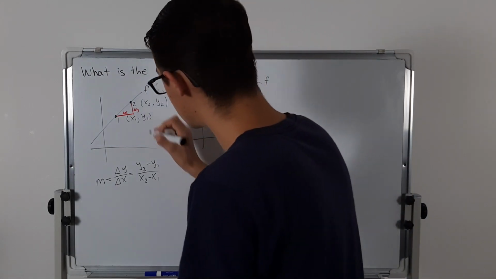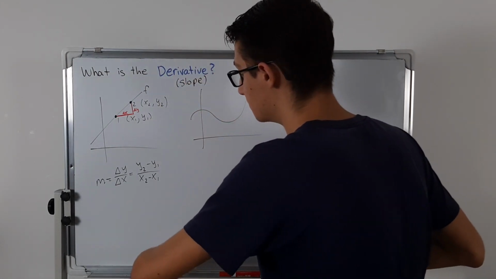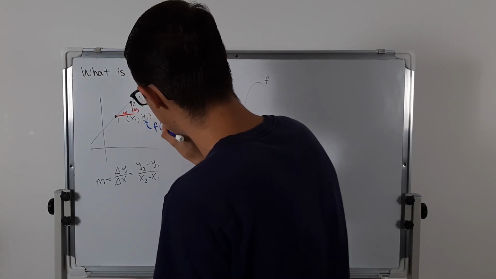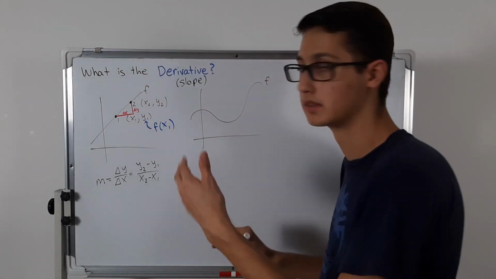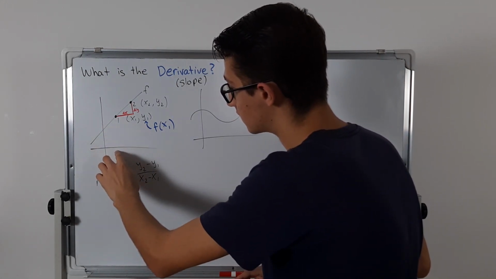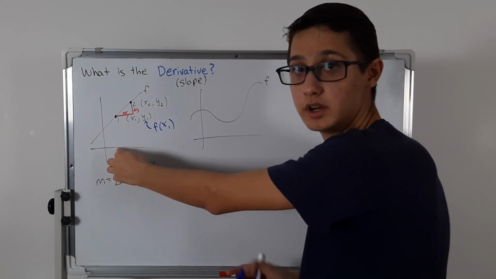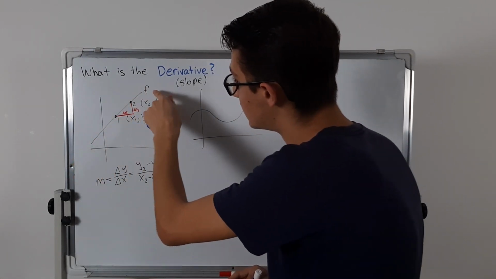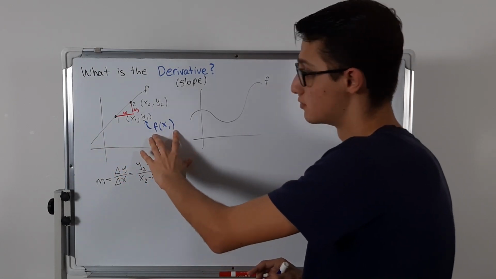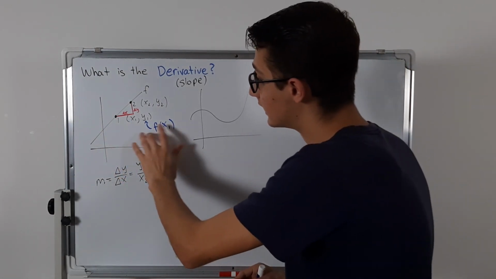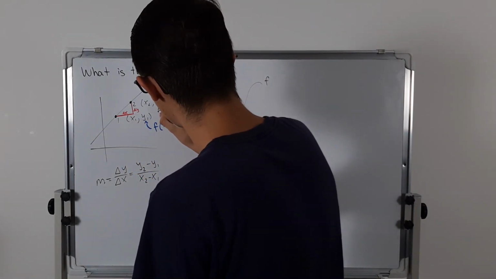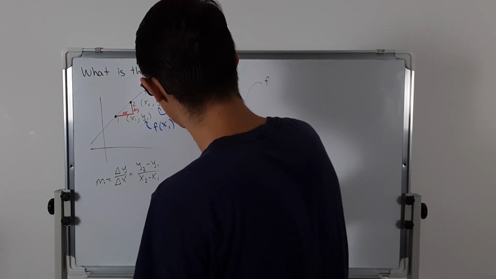So we can think of y1 as f of x1. The way to think about that is you have your x coordinate, maybe that's like 1 or something, and then you evaluate that function at that particular x value. You're taking f and evaluating it at x1, and it gives you y1. Similarly, we can think of this as f of x2.